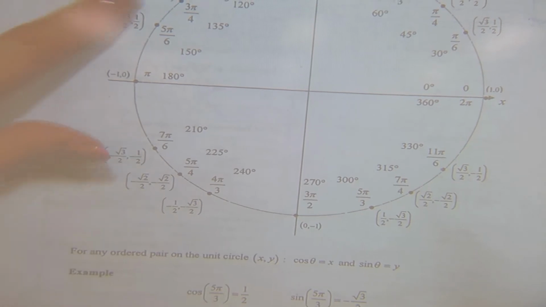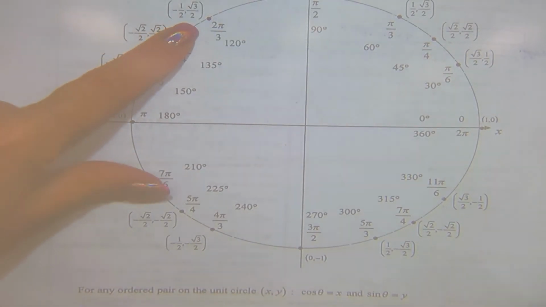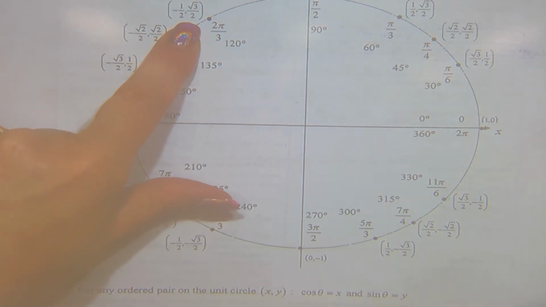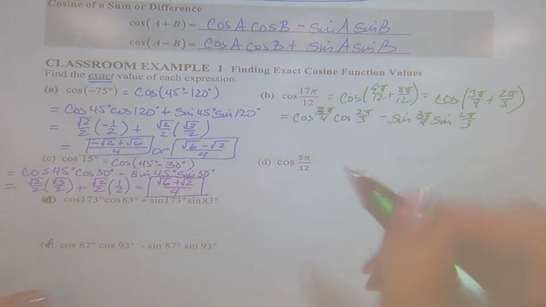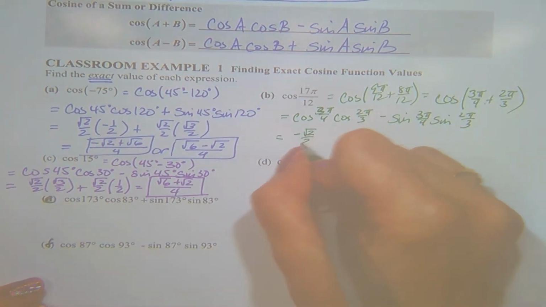Now I'm going to pull out my unit circle, and I'm going to find 3 pi 4ths. 3 pi 4ths, there's cosine and sine function values. And I'm going to find 2 pi 3rds right there, cosine and sine function values. And I'm going to plug in what I know. Cosine of 3 pi 4ths is a negative square root 2 over 2.